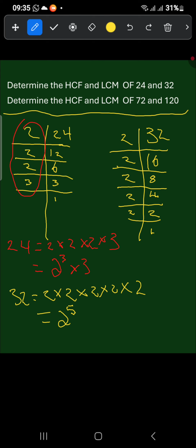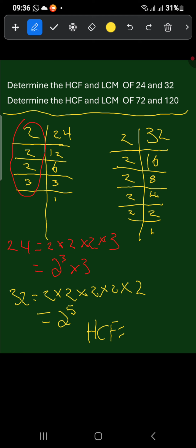Now if we want to find the highest common factor, we look at the number that appears on both sides. Our highest common factor is equal to the number that appears on both sides. What is this number? It is 2. Now 2 has its exponent: the 2 has exponent 3 here, and the 2 has exponent 5 there.